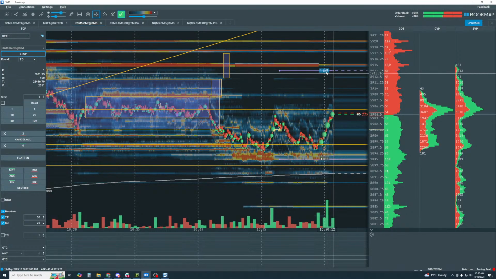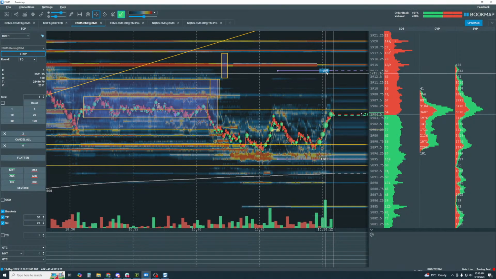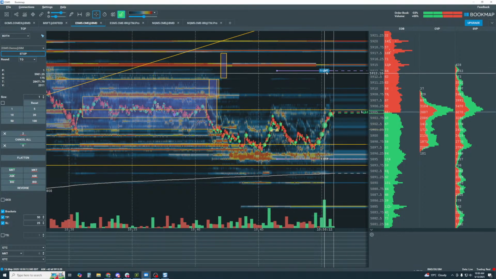If that happens in that environment, you're not going to get filled if you're just trying to trail your stop loss. So it's a consideration depending on the environment that you're in.